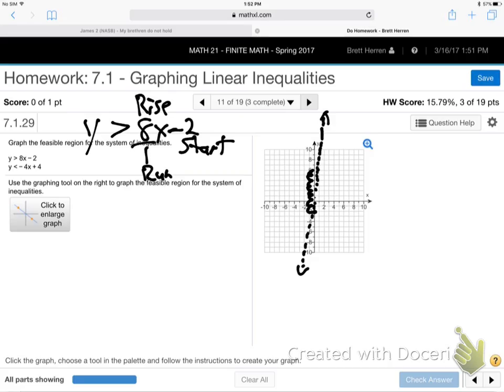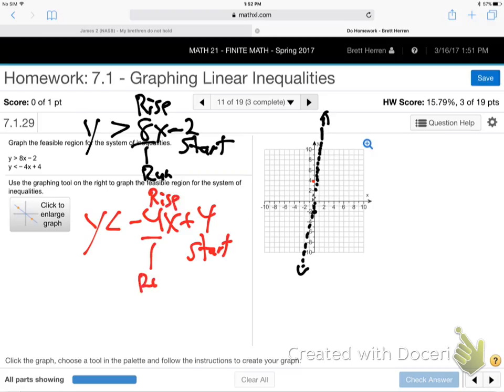Now let's do the second one. Let me save the shading for a minute and do the second one. I'll do that in a different color. Where do I start for that one? Up 4. Right there. Like that. And then where do I go from there? Put this over 1. It's rise negative 4, run 1.